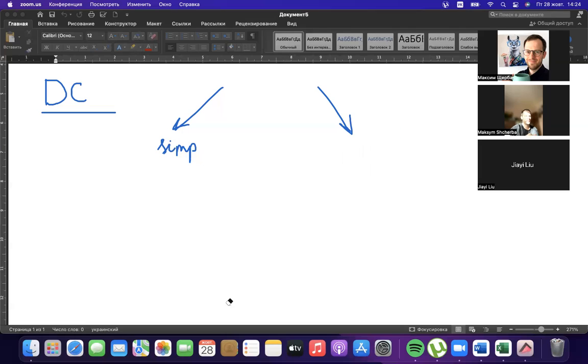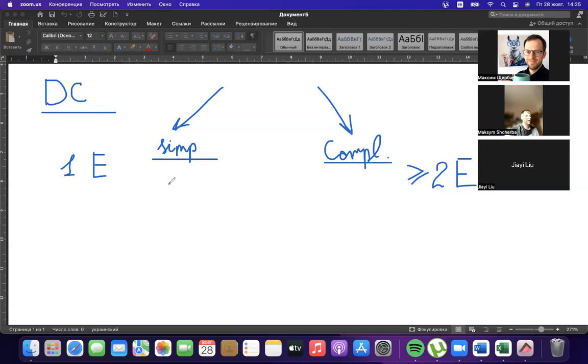Simple means one source of energy, for example, one source, and complex means two or more sources of energy.